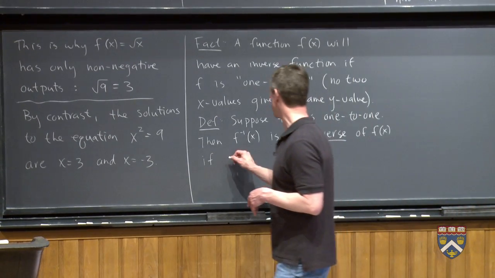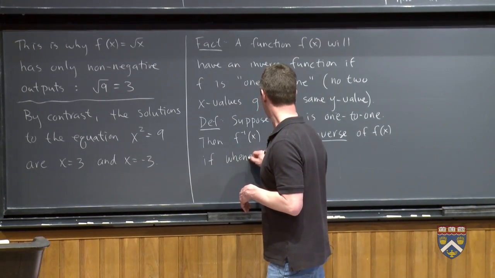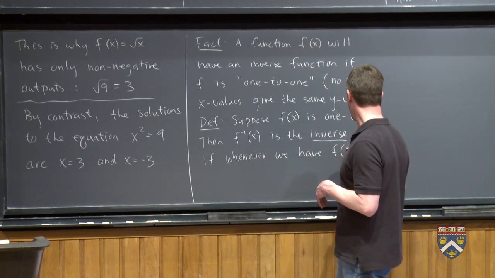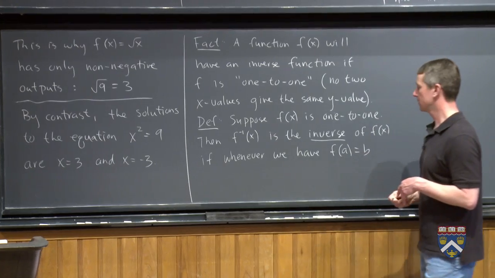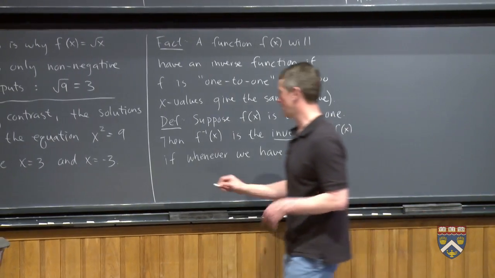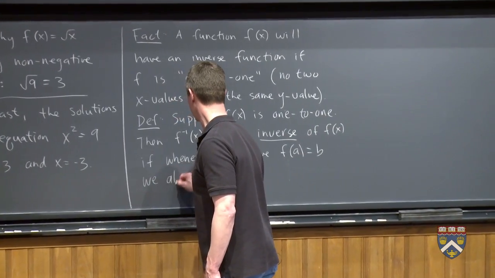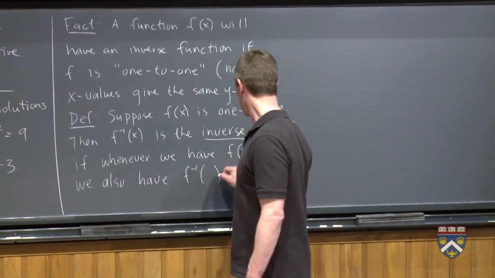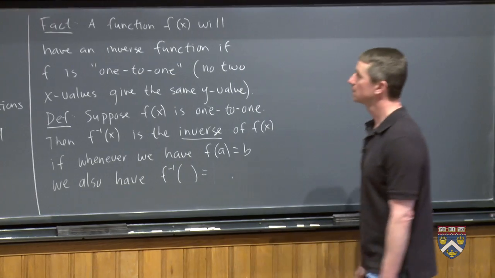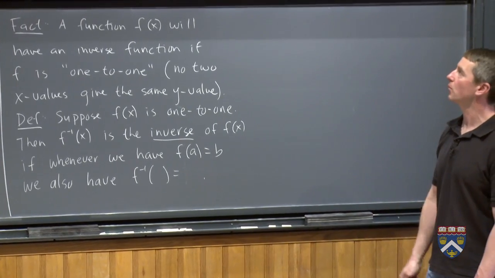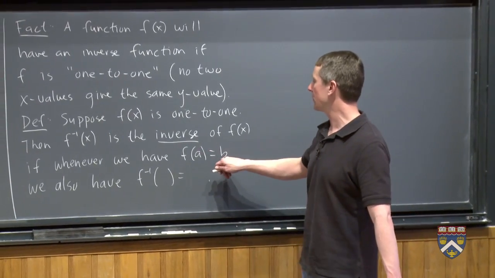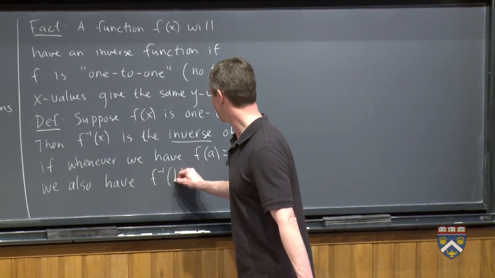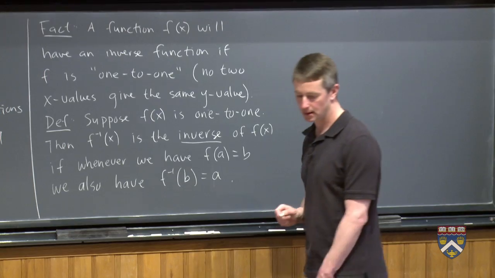So whenever we have f of a equaling b, we also have f inverse of what equaling what? If you think back to the examples that we did before, we had f of 5 equaled 8, and then f inverse of 8 equaled 5. So we also have f inverse of b equals a.